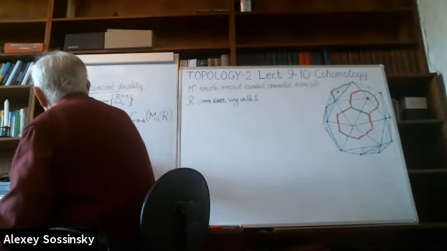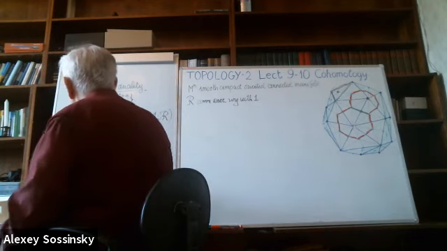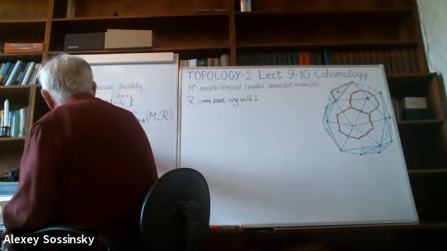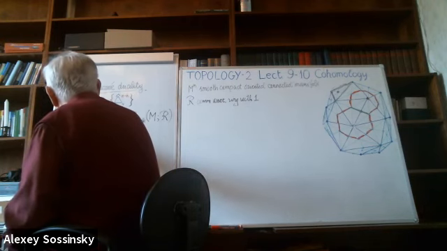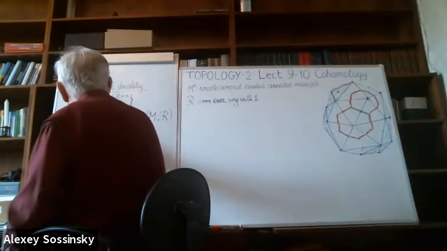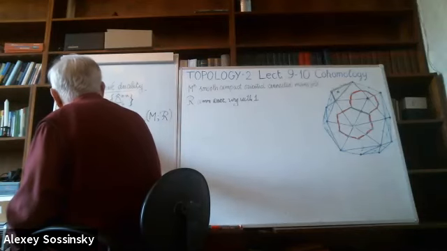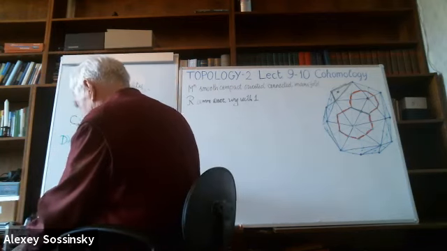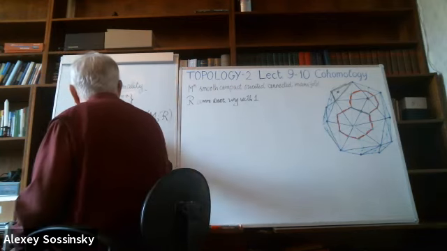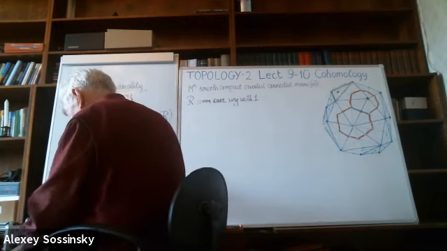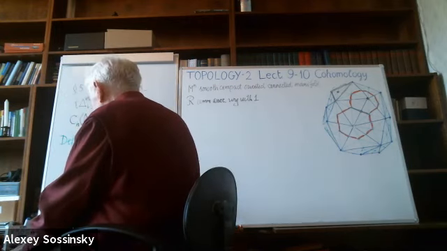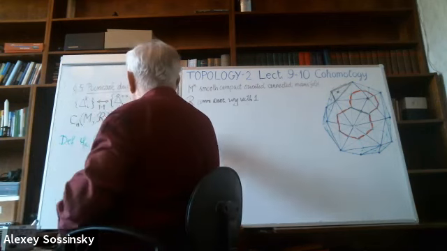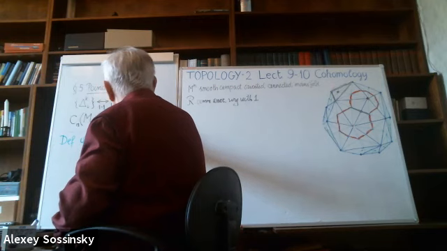We're going to define a homomorphism, which we'll denote by phi k, from C_k of M. I will stop writing the coefficient group, to C^{n-k} up here.